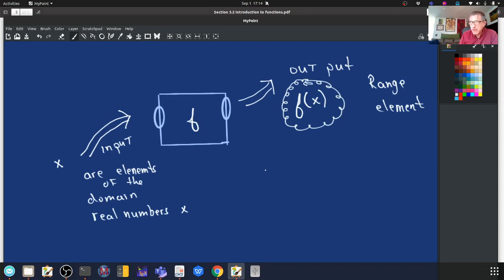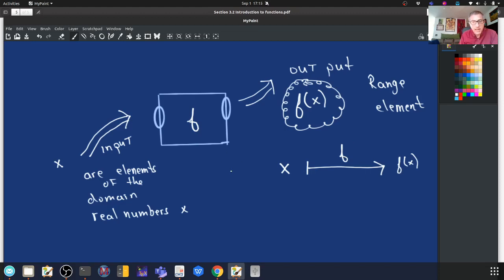So sometimes I will use this notation to indicate that the function f takes a value of x to a value of f of x.